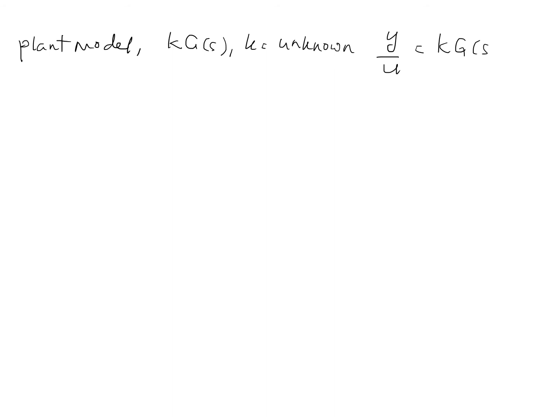So what is the information that we get from the question? Given that the plant model is kG(s), where k is unknown, output over input is equal to kG(s).